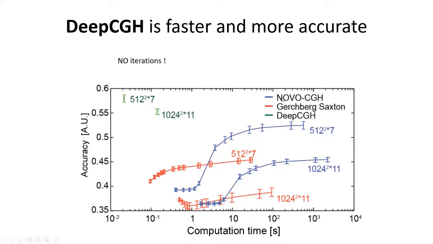When we developed Novo CGH, our argument was, look, we found better holograms. Our optimization method is falling into local minima of cost, and we understand that those local minima seem to be consistently above Gerchberg-Saxton.